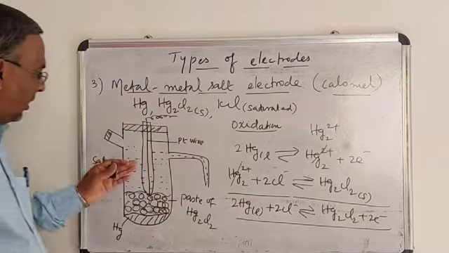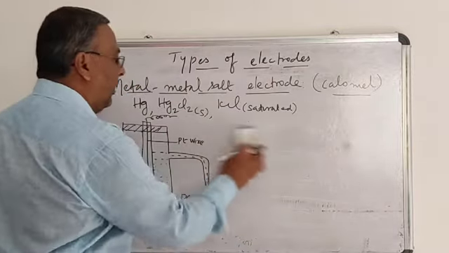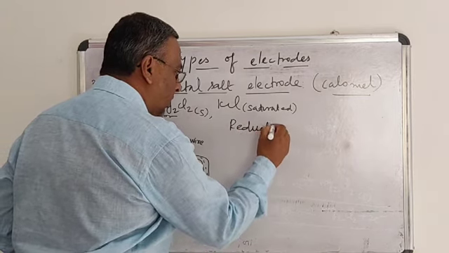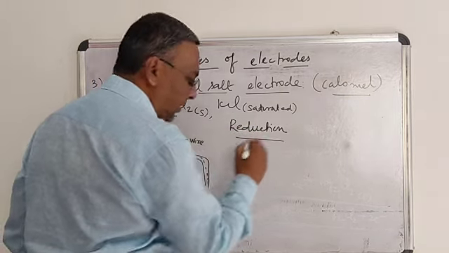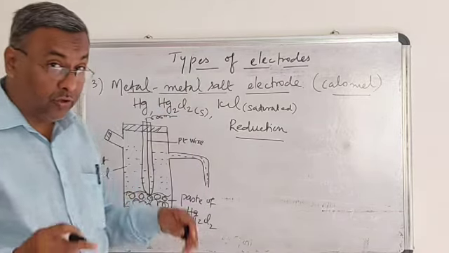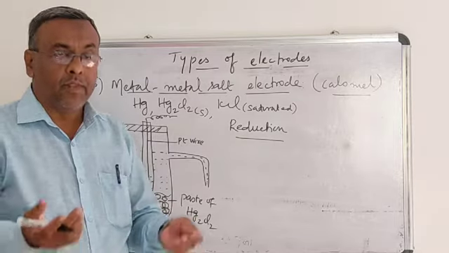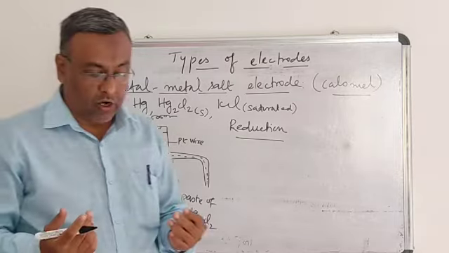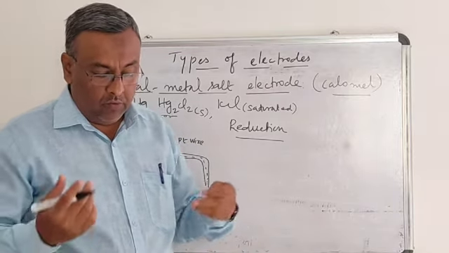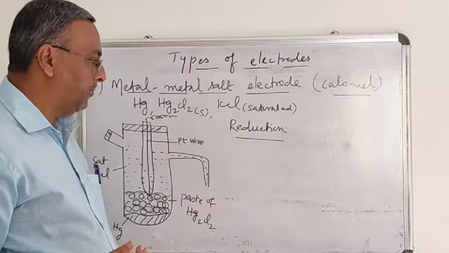Or if this electrode involves reduction, what happens? The Hg2 2+ ions furnished by the sparingly soluble salt will gain these 2 electrons and form mercurous chloride solution.